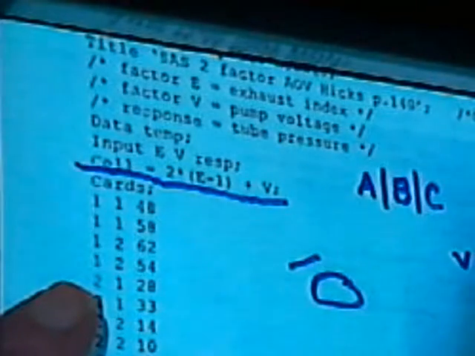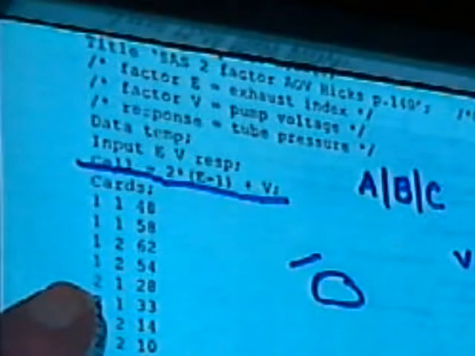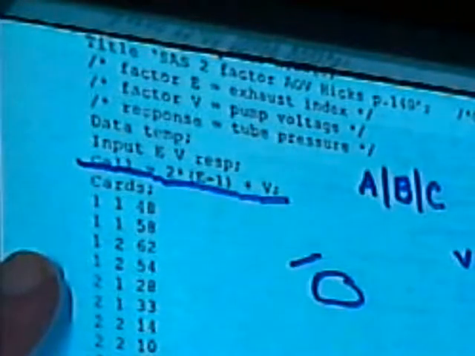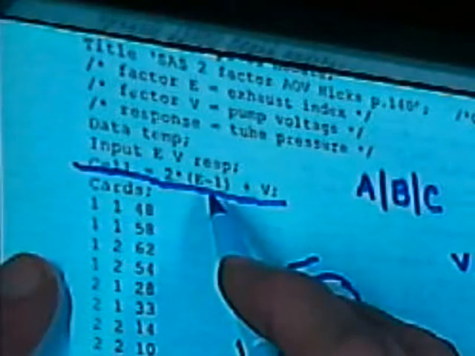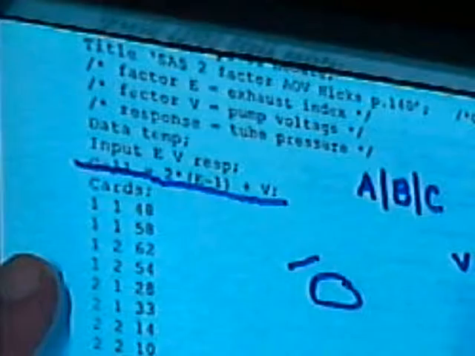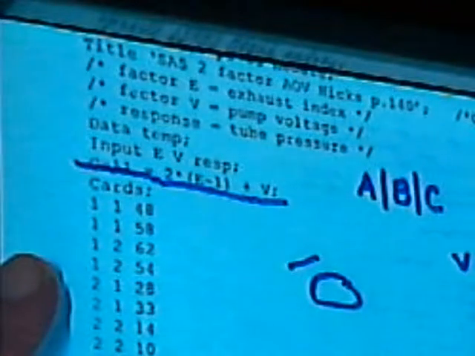Here's my picture again. E is 1, 2, 3, and V is 1 and 2. So if I have 2 times E minus 1 plus V, that's cell 1. Then I take 2 times E minus 1, E is 2.